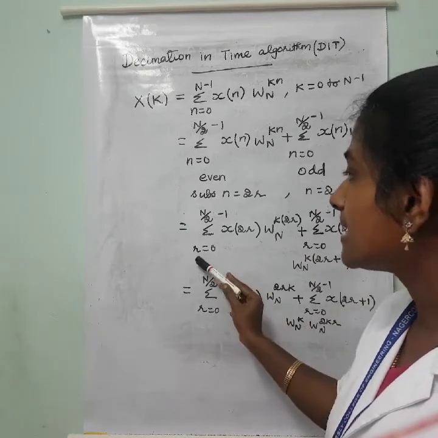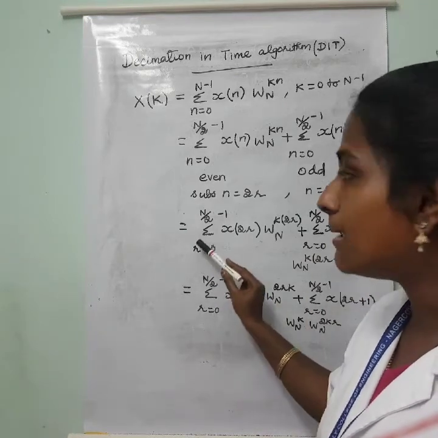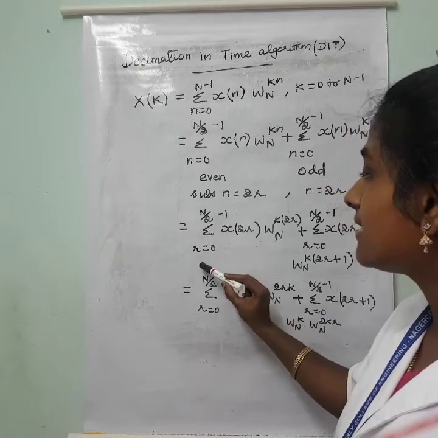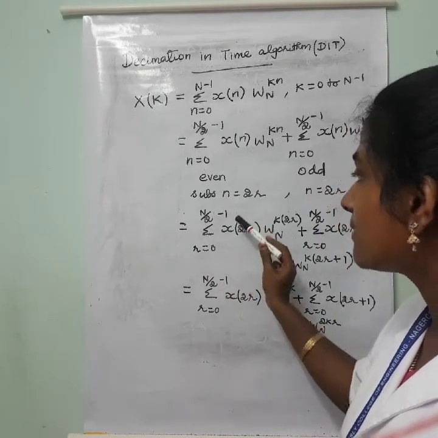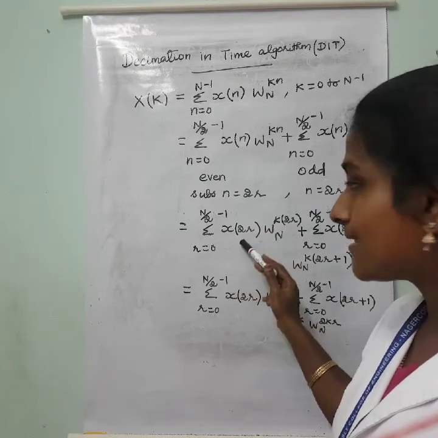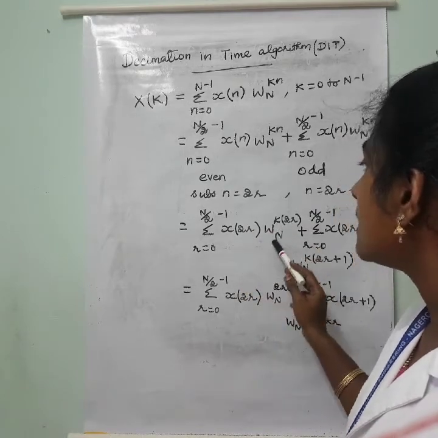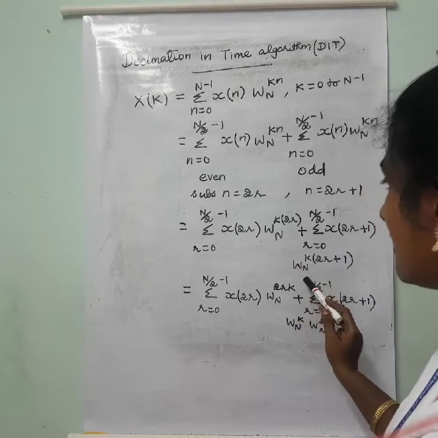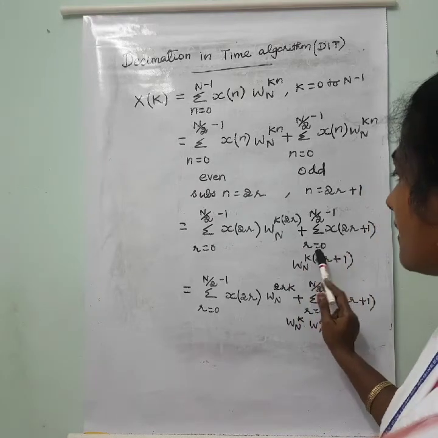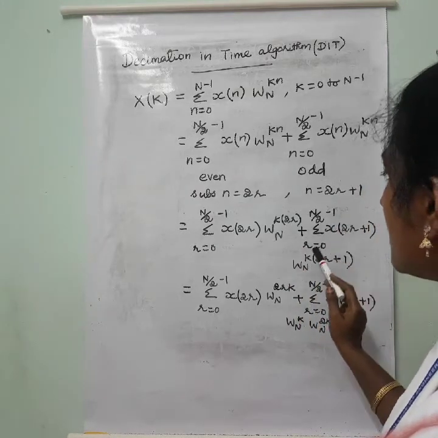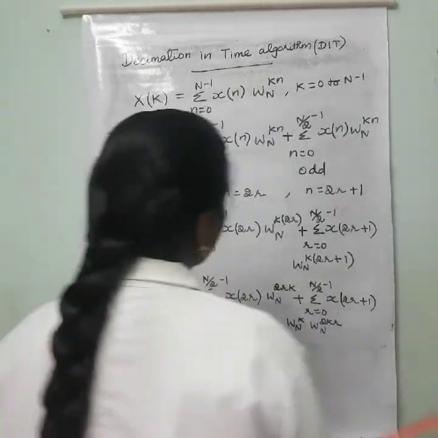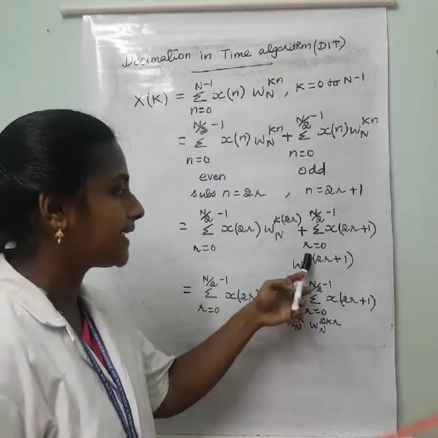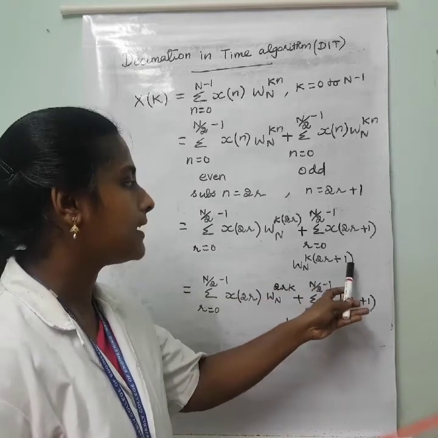So in the next step, this summation over n we can change as r is equal to 0 to N by 2 minus 1 of x of 2r into W_N power k into 2r plus summation r is equal to 0 to N by 2 minus 1 of x of 2r plus 1 into W_N power k into 2r plus 1.